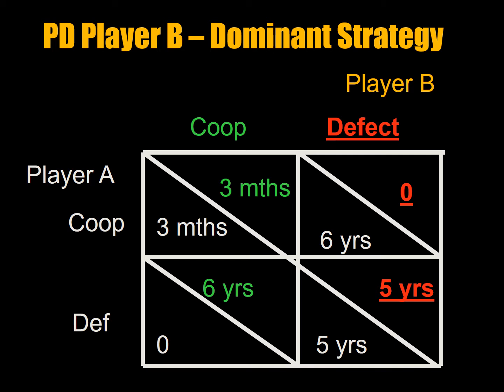Player B would like to minimize their time in jail, so player B is going to pick 5 years as the better payoff. So in both cells, defect is superior to cooperation. So player B will always choose to defect. Defect is the dominant strategy. It dominates cooperation. Cooperation is the dominated strategy, and so it would be eliminated. It would never be chosen.